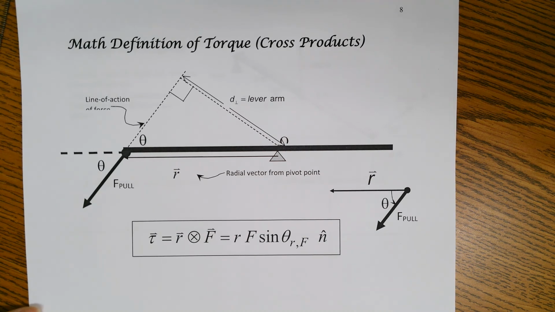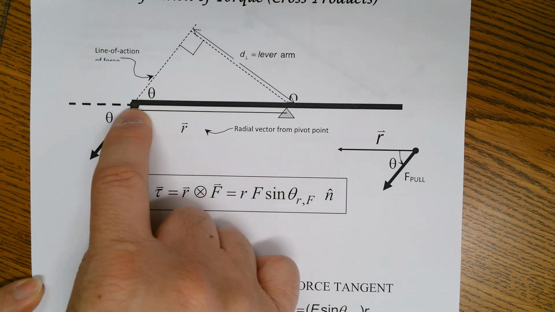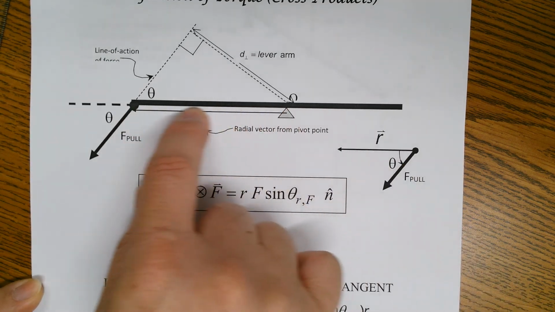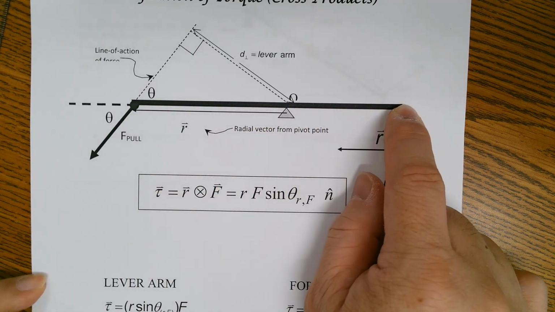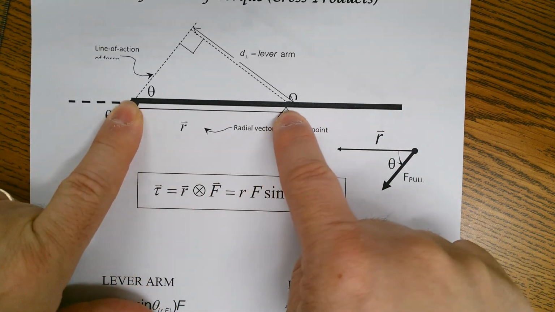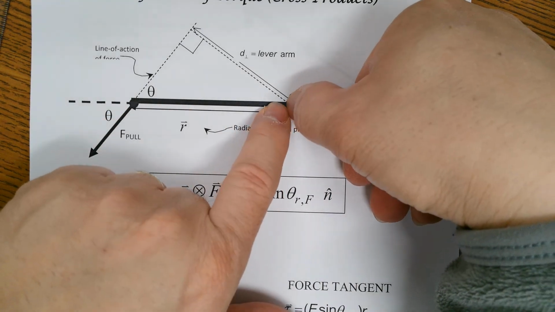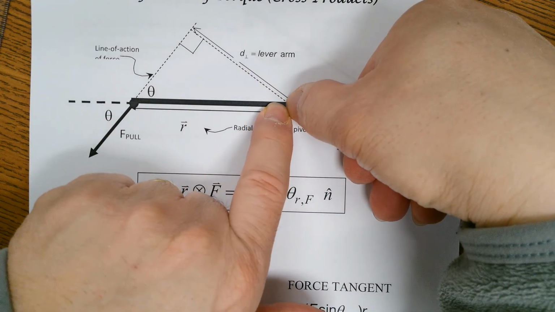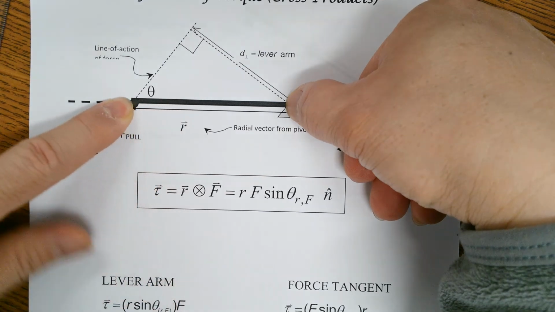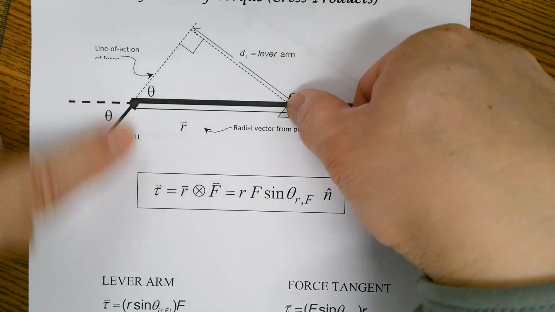Okay? So let's take a look at a simple setup here where this right here is the lever arm, or the lever, and here's the pivot point. So the R vector, which is from the pivot point to where the force is being applied, is my R. Okay?